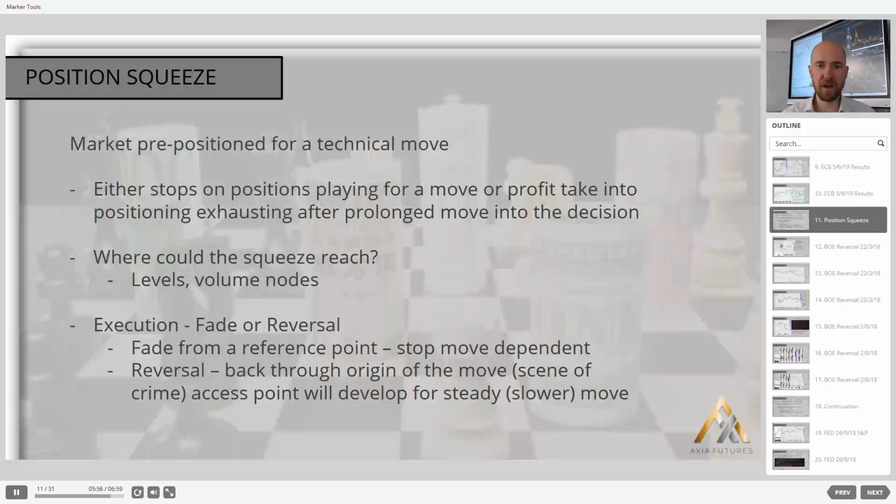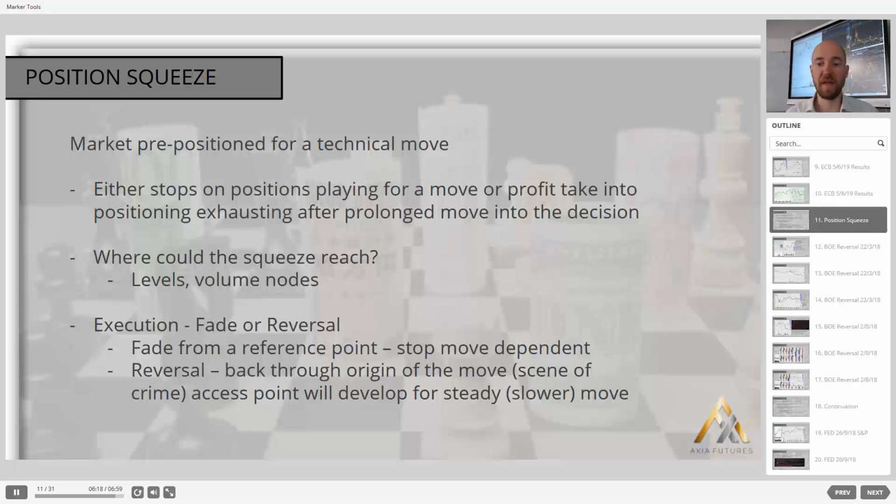And that's quite a common trade to see over a central bank, where people jump on the first piece of information, and then as more information comes out, the interpretation changes, and that takes the market back through the scene of the crime, back through the point where the initial move began. That's your first reversal idea.